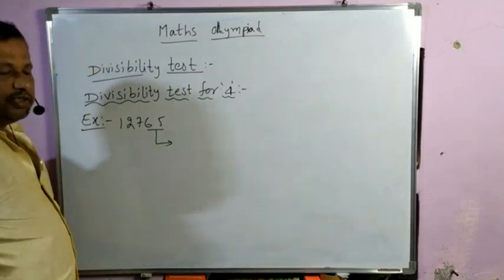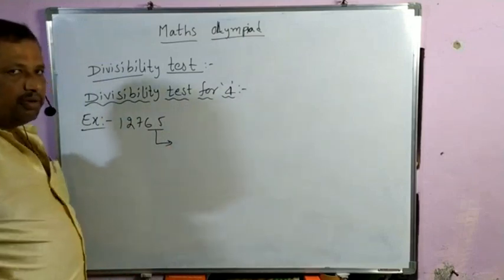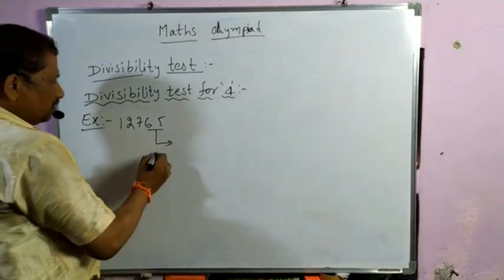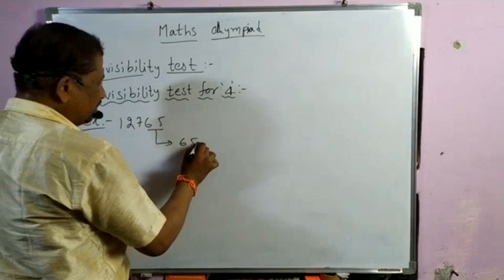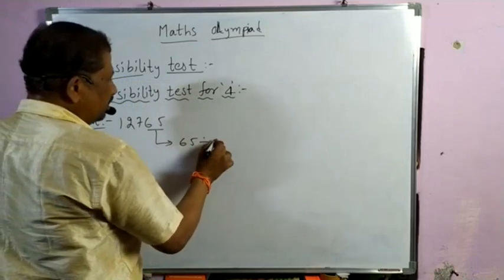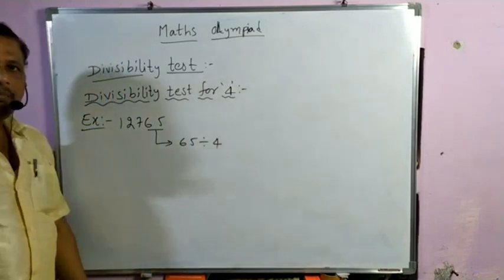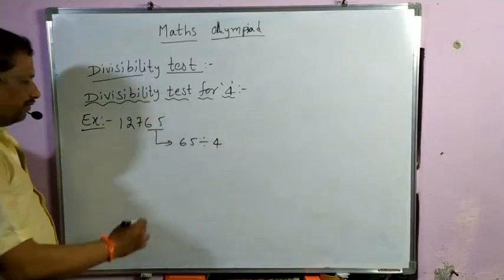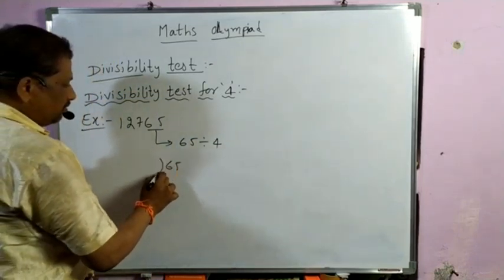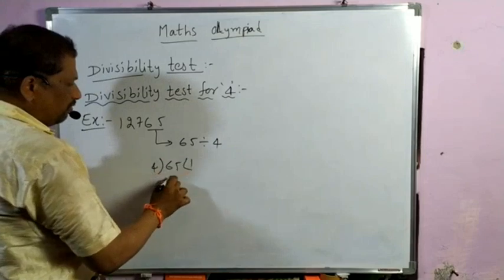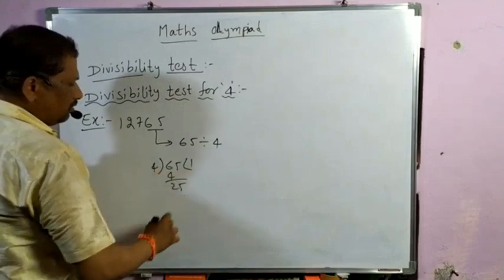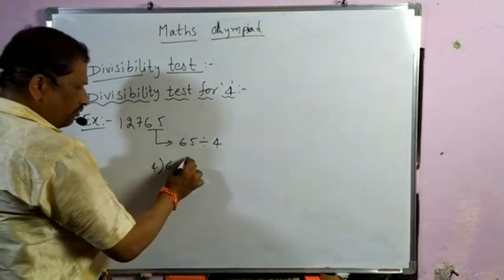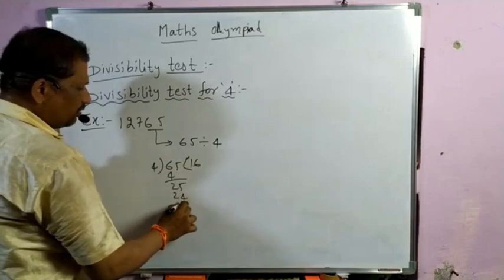In this, you have to consider the last two digits. If these last two digits are divisible by 4, what are these two digits? 65. If 65 is divisible by 4, then the given number is divisible by 4. Now divide 65 by 4. 4 1s are 4. 4 6s are 24.